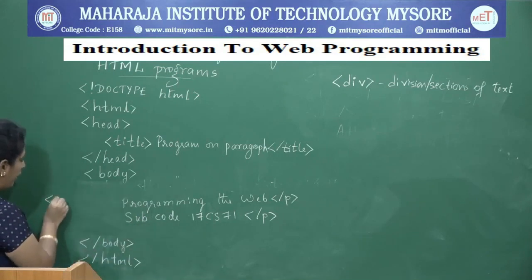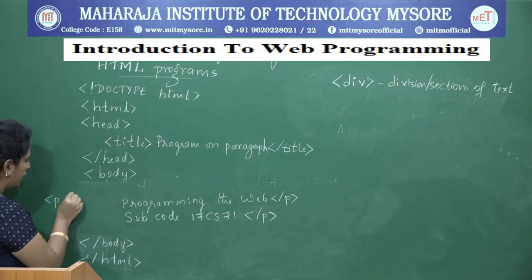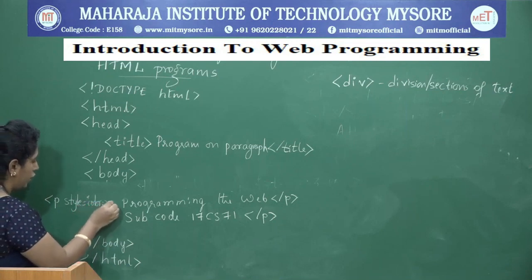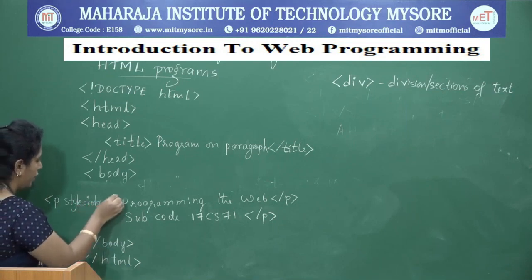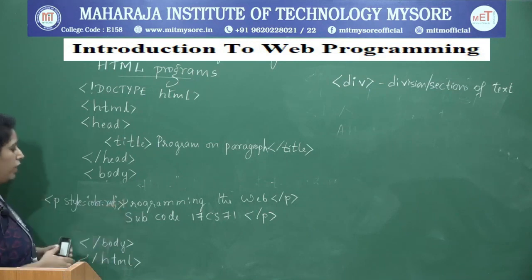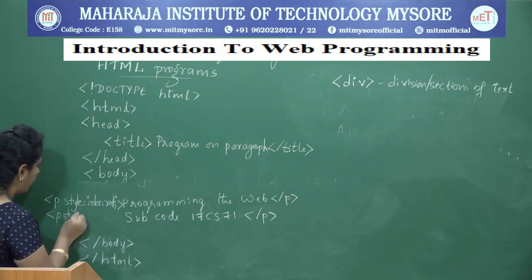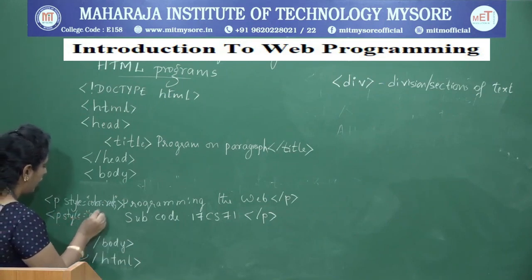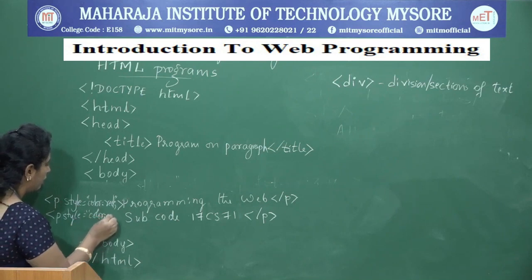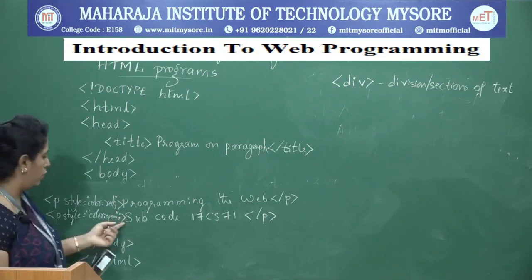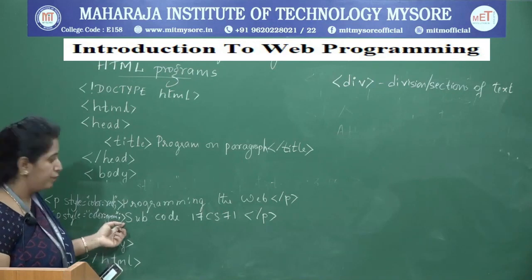How means? p tag, attribute is style, and color, which color you wish? You wish red, you can give red, close the double quotes, then close the tag. Likewise, for another paragraph, I want to style it with color green. Close the double quotes, put semicolon, then close the opening tag.